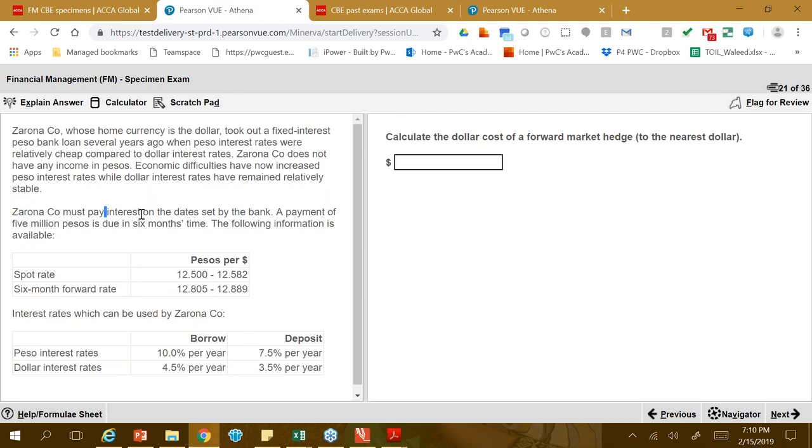Zerona must pay interest on the dates set by the bank, so they cannot deviate from these dates. So no change is allowed there. Then a payment of 5 million pesos is due in 6 months' time.